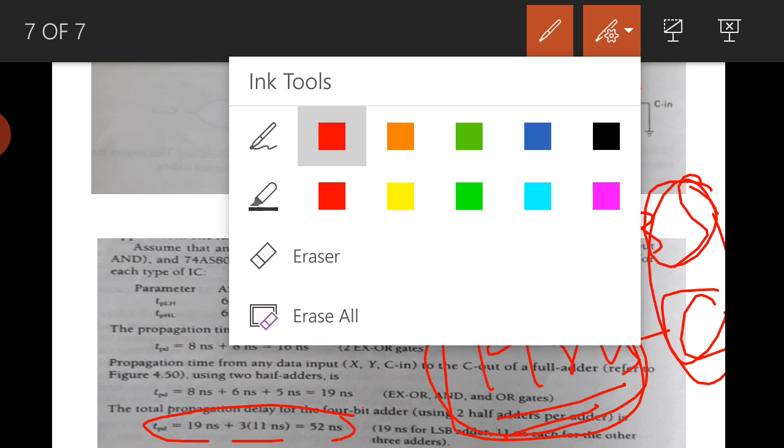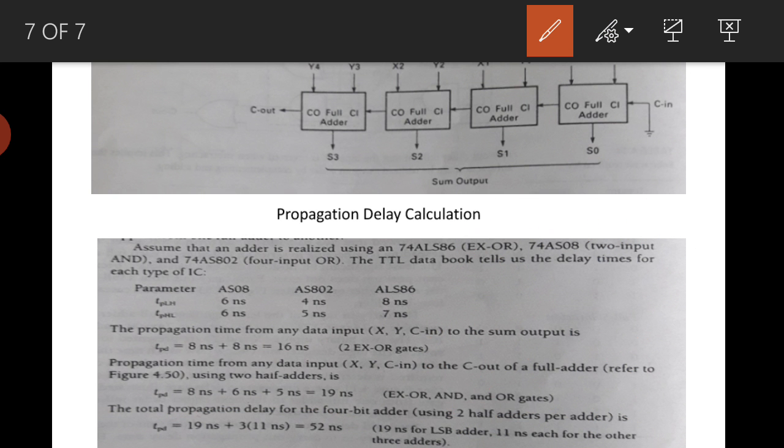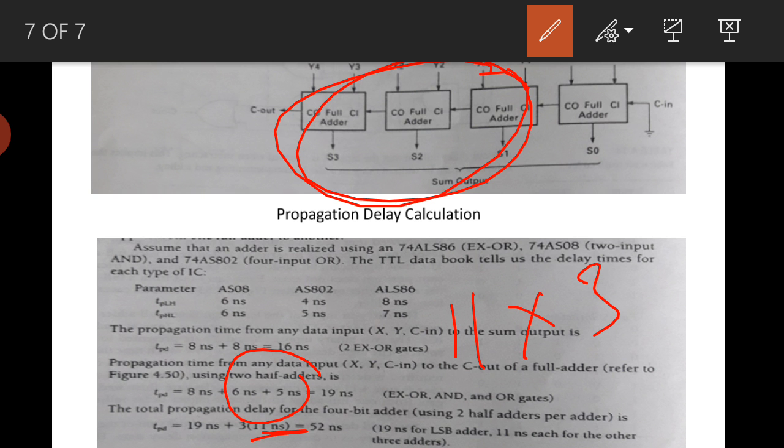Next, 6 plus 5, that is AND and OR, is 11 nanoseconds, into the 3 full adders. So together it is 3 into 11, which is 33, plus 19, together it is 52.